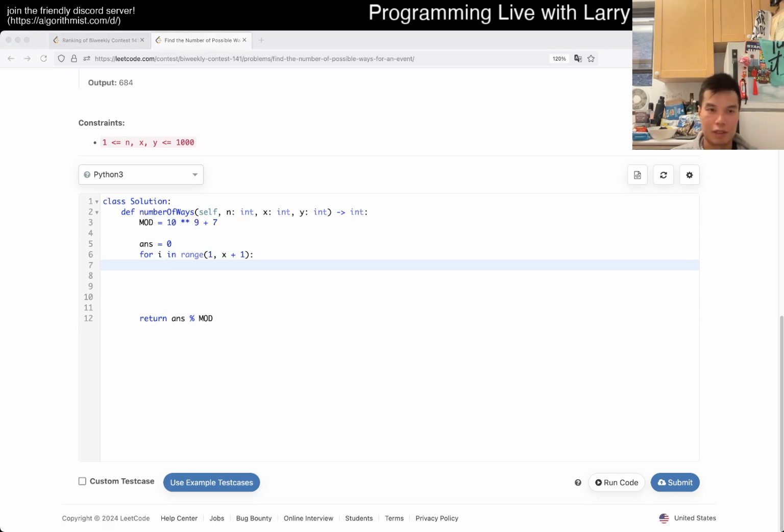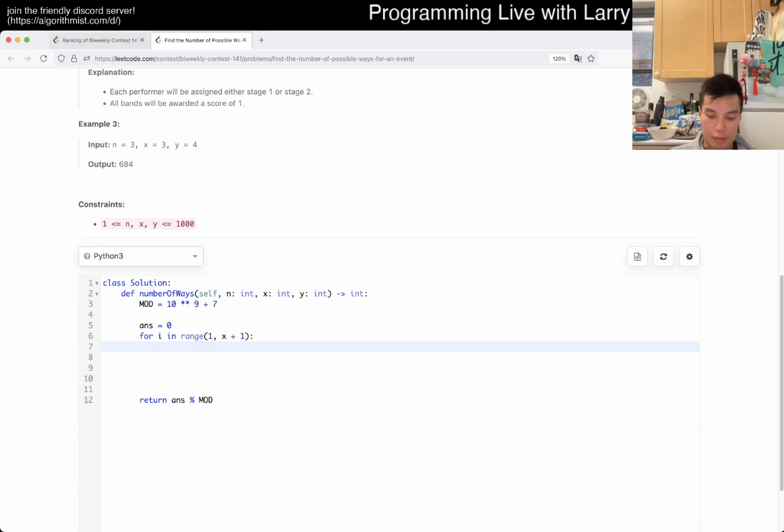How do I do it? Is it X? Let me just X choose I, number of groups, right? And I don't remember how to, okay, fine.